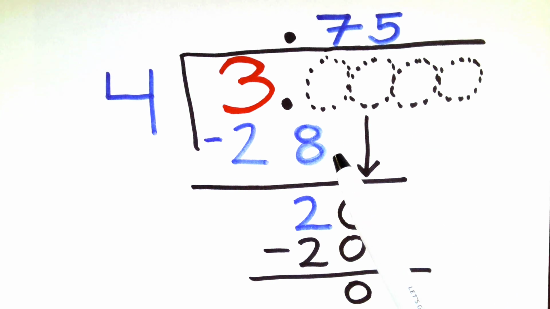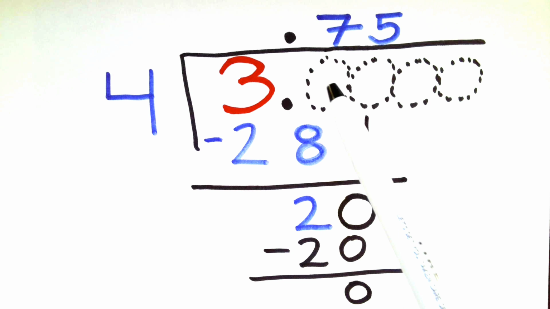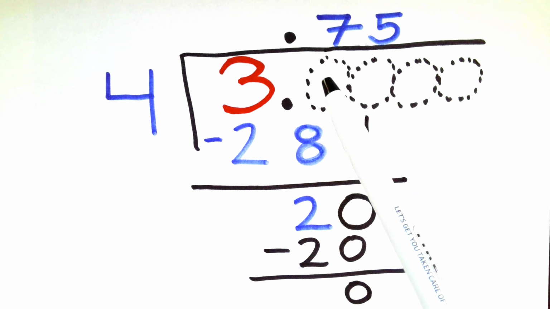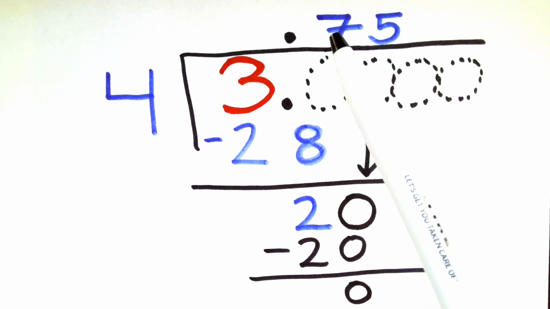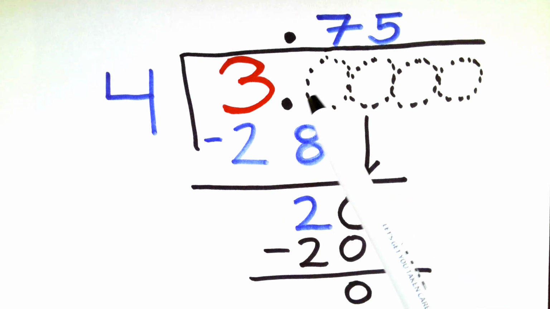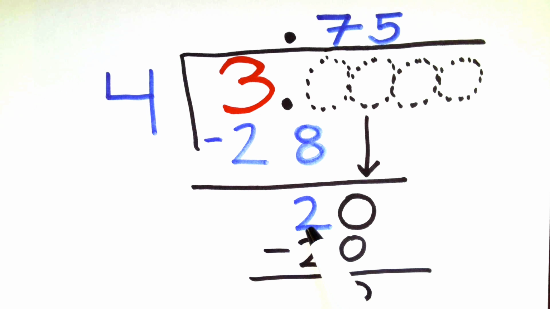I'm going to subtract my product, 28, from 30. And again, I put that 7 right above the digit furthest to the right, which is the 0 in my target, 30. So 30 minus 28 gives me a remainder of 2. I'm going to take the next digit to the right of 30, in this case 0, and bring it down. So now I have a 20.